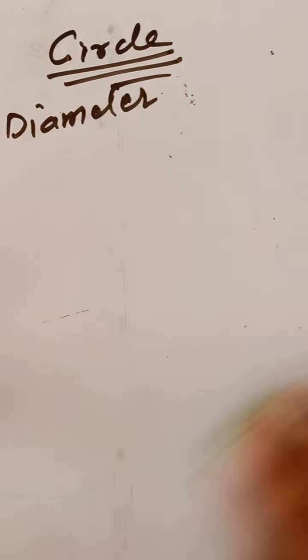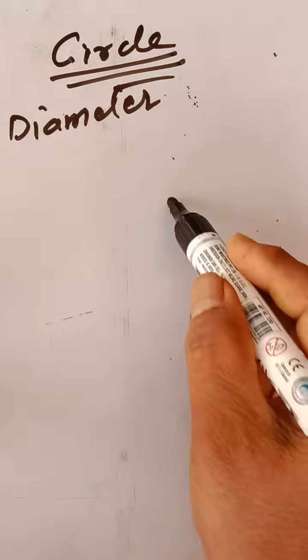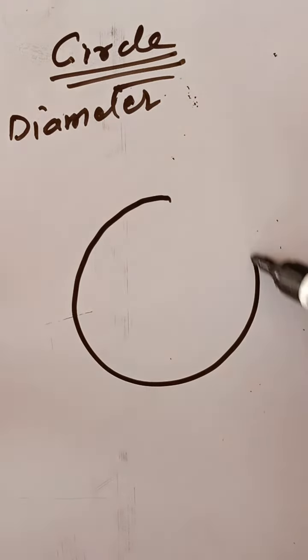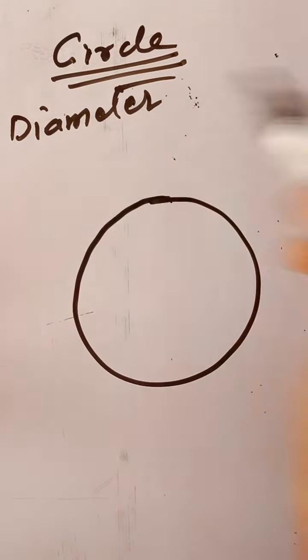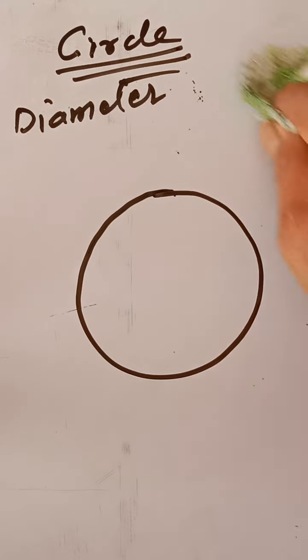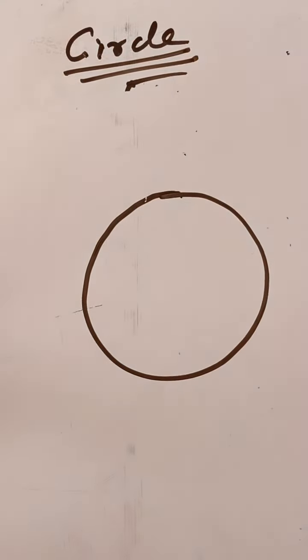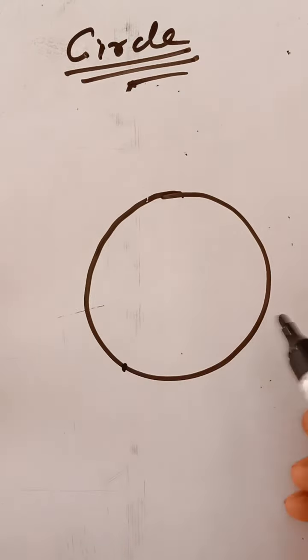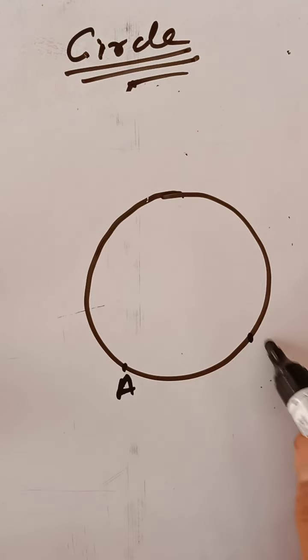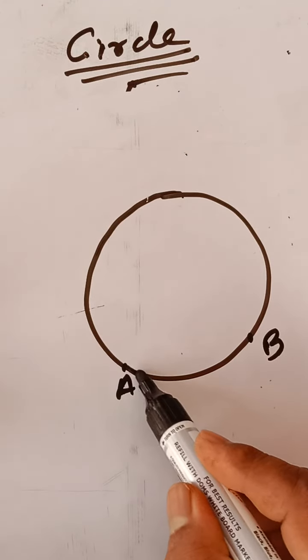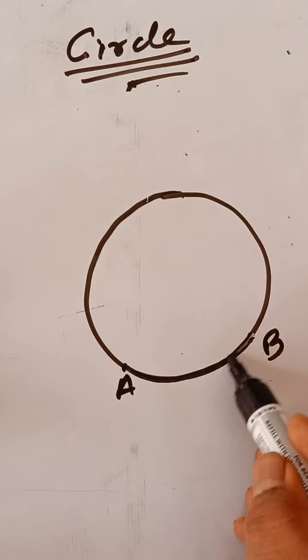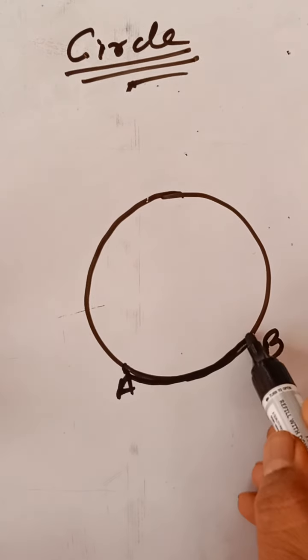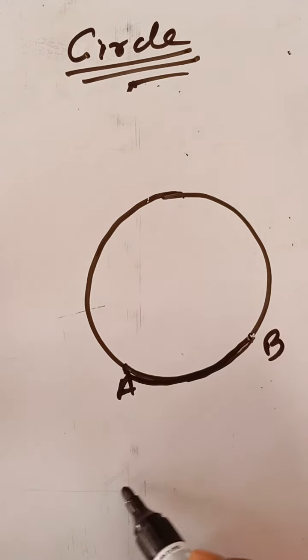Now we will talk about arc of a circle. Suppose we take any 2 points A and B. This AB part of the circle is called arc.